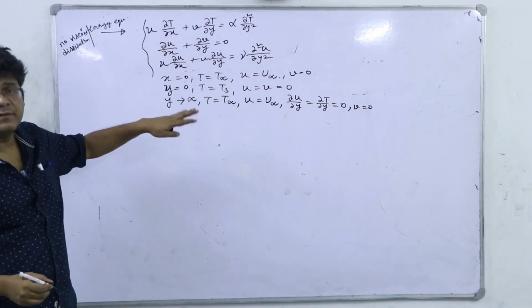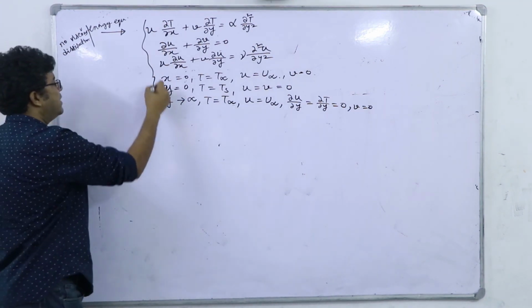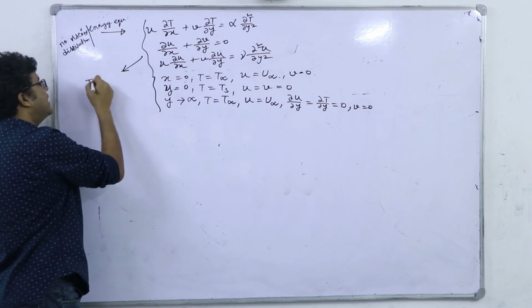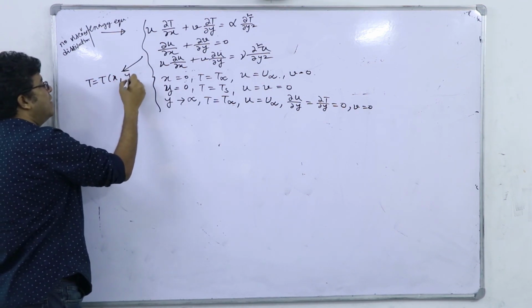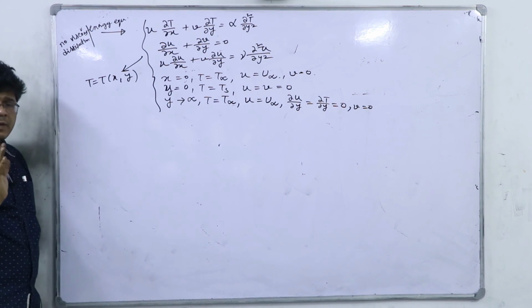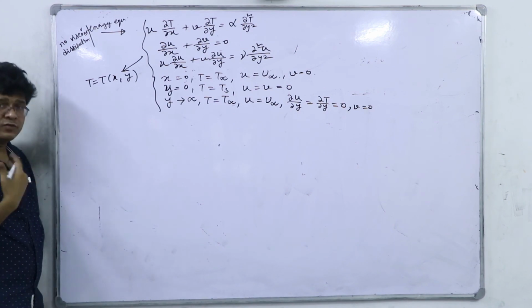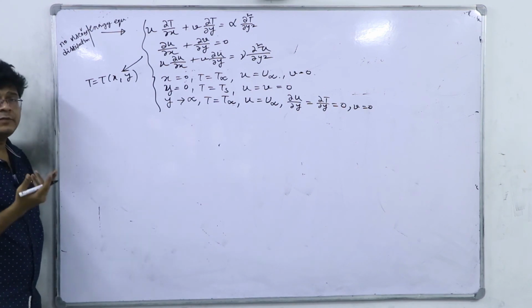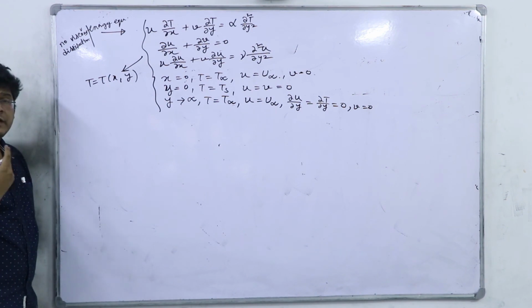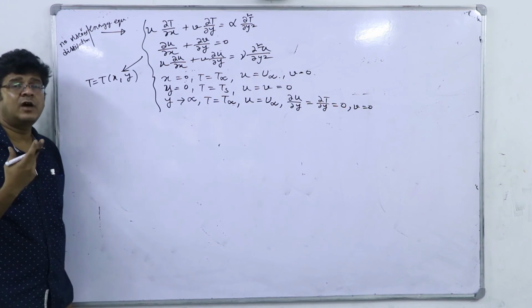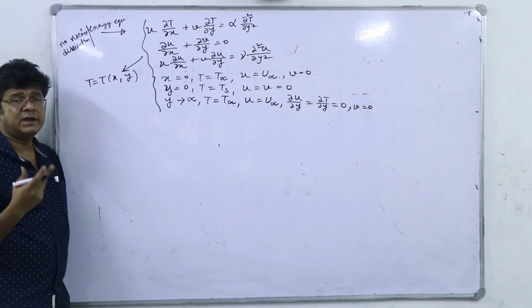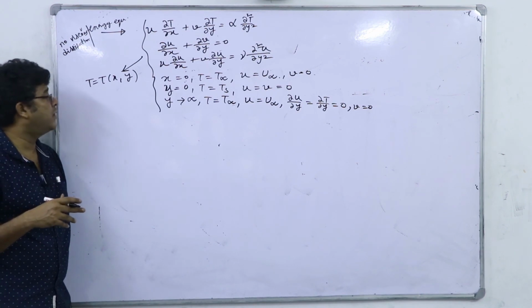So with that, if I solve, we can get actually this T as a function of X, Y, R. Because if we just remember our original objective, we have to solve for the temperature field. Next we apply the boundary condition that h into Ts minus T infinity is equal to minus of Kf into del T del Y at Y is equal to 0, right? From there we can solve for hx.